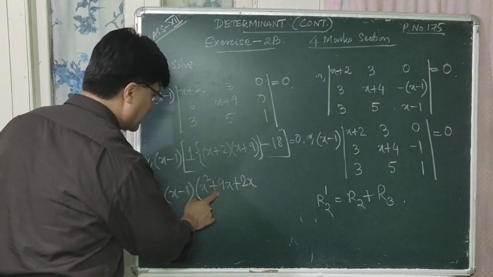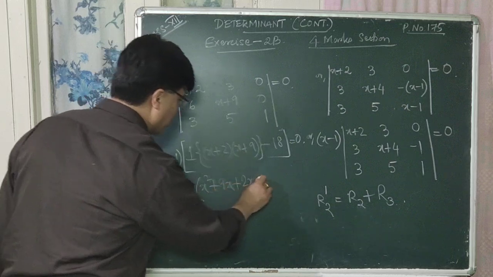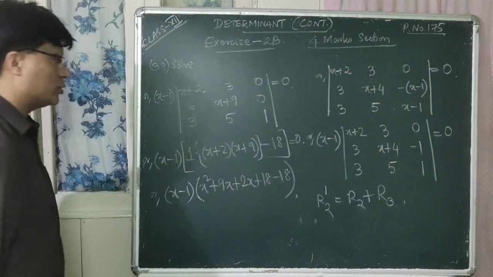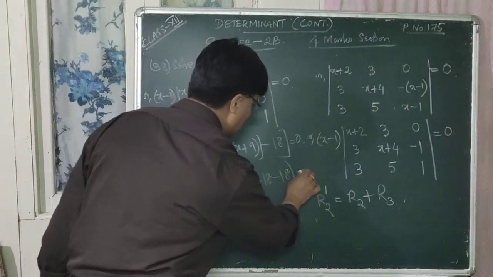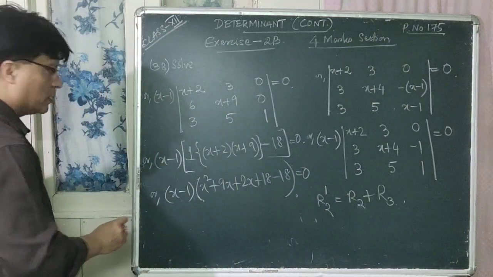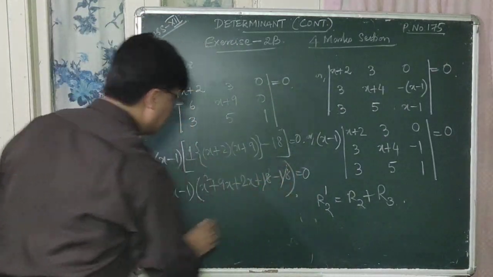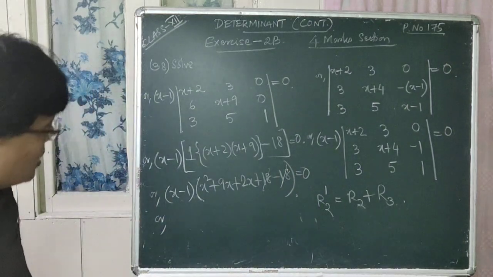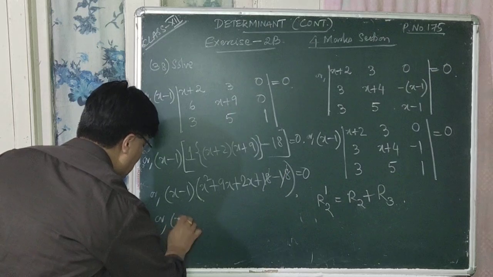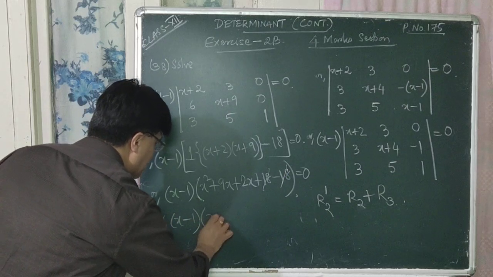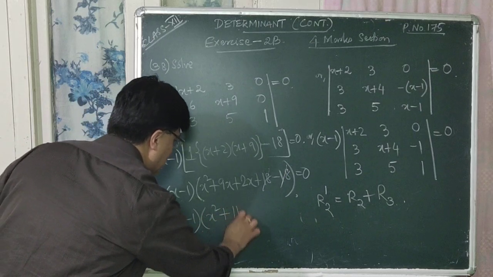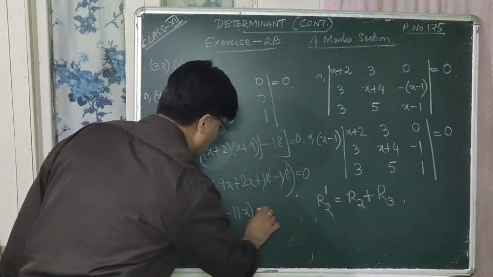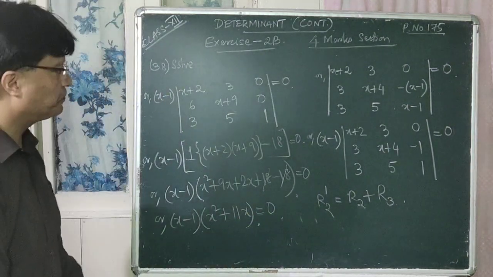This is 9x plus 2x plus 18 minus 18, bracket closed, which is equal to 0. So here you can cancel this, 18 gets cancelled. Now write down the remaining terms. What are the remaining terms? x minus 1, this is x square plus 11x, which is equal to 0.